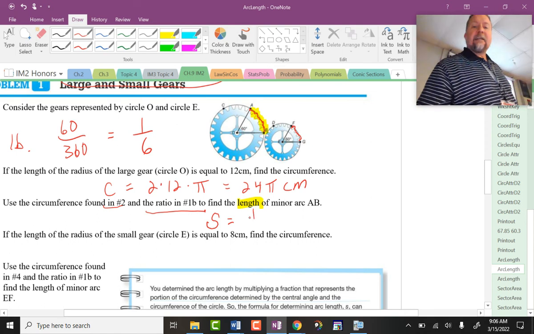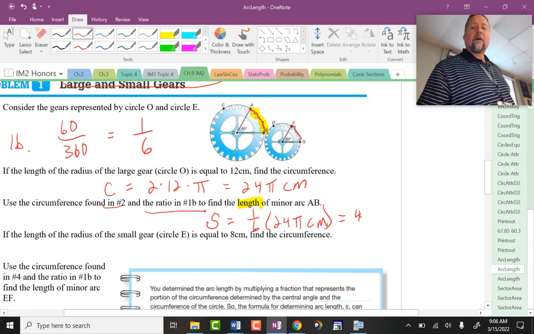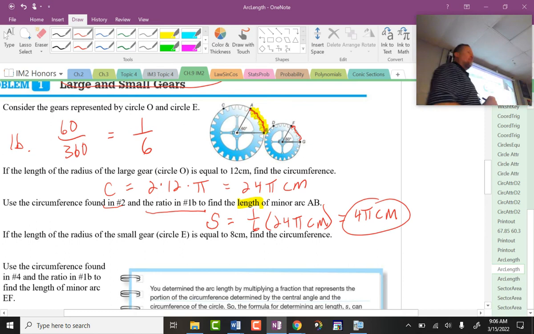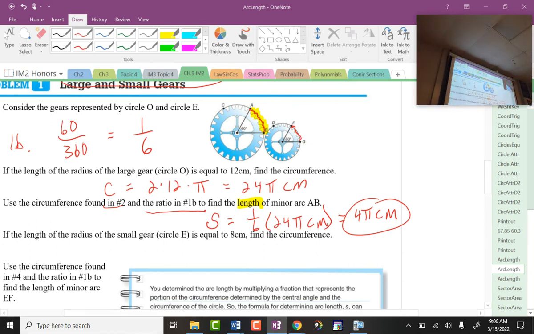It's 1/6 of the full circumference. Very simple, easy, basic concept if you've never seen it before. I don't know if you have or not. And then if you put that in your calculator, that's going to be 12 point something centimeters. So I know I have centimeters on here. Here's 12 centimeters.